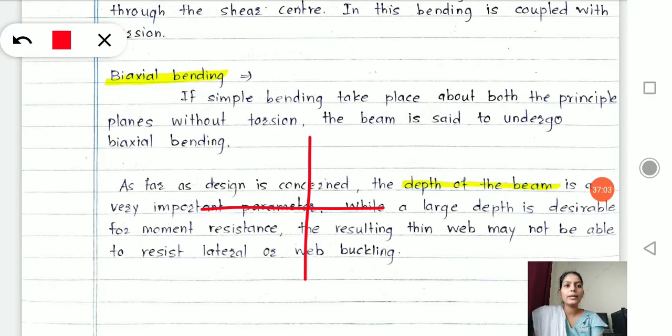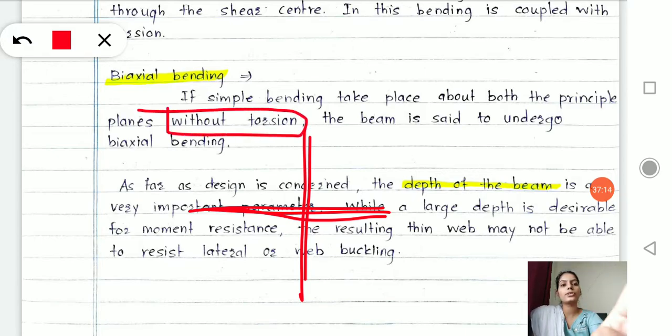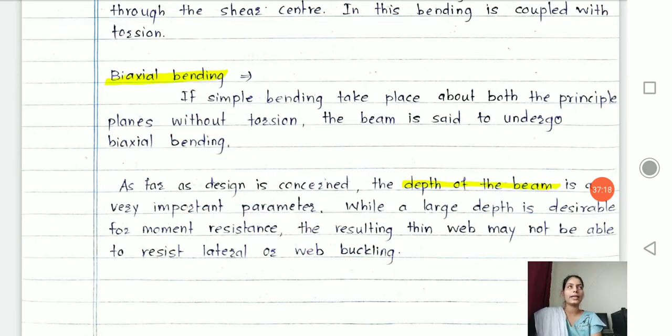But here the plane of loading coincides with both of the principal axes of that section, and without torsion, then the beam is said to undergo biaxial bending. An example is the purlin beams in a roof truss, which carry biaxial bending.